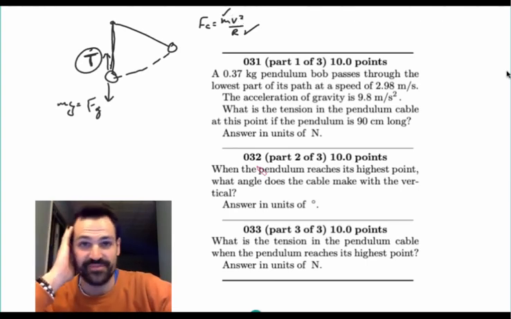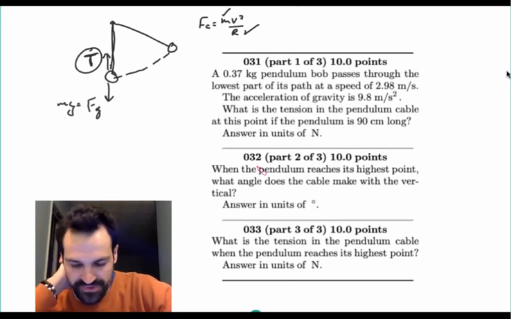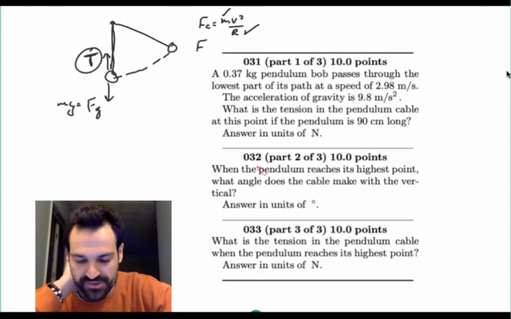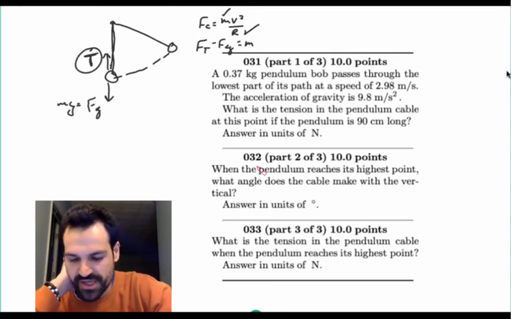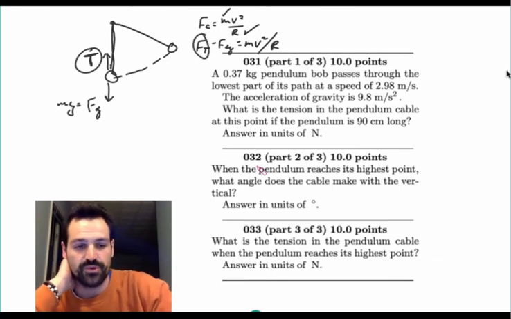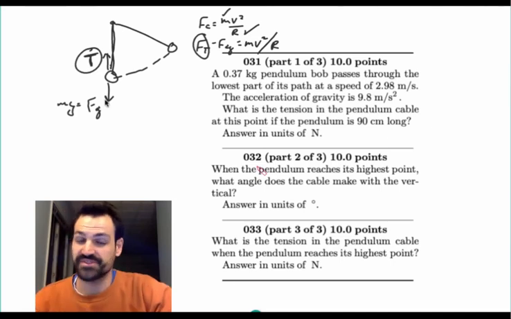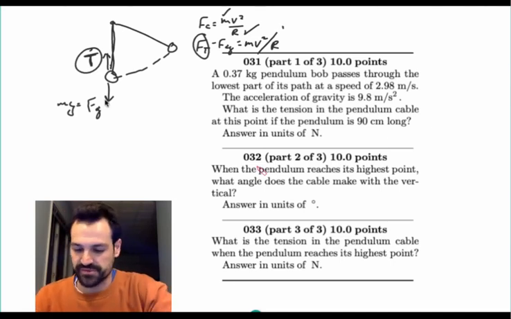Oh, hot dog, that makes life easy. And remember, centripetal force is forces towards the center minus forces away from the center. So tension minus the force of gravity equals mv squared over r. And if you solve this equation for the tension, you're going to find that it is equal to 7.35 newtons.